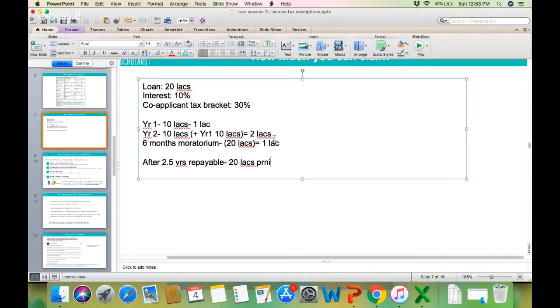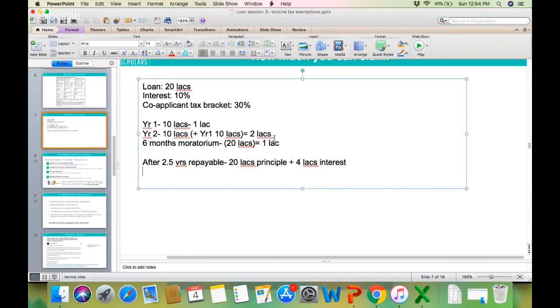I'm showing you here simple interest. Apologize for my English. So 20 lakhs principal plus 1 plus 1 plus 2, 4 lakhs interest.